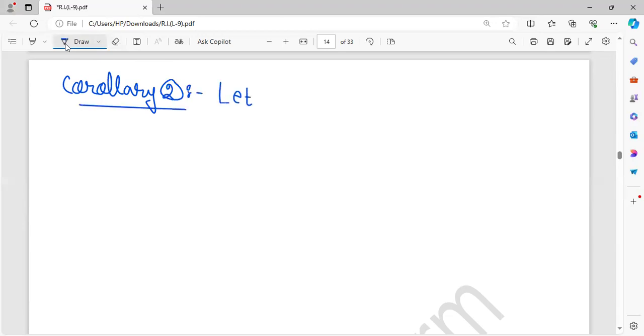Let f from the closed interval [a,b] to R be a bounded function.